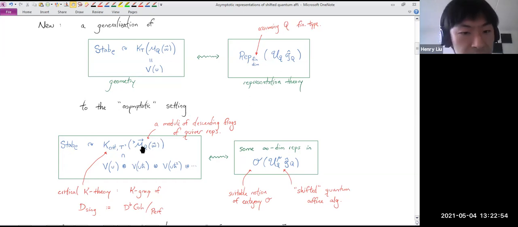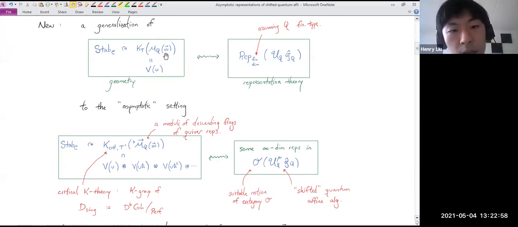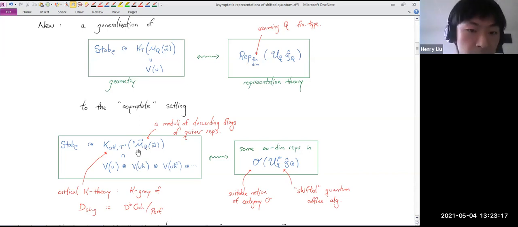And essentially, if we think of a Nakajima quiver variety as some moduli of quiver representations, this new, more complicated space will be a moduli of descending flags of the same kinds of quiver representations. Okay, so it's very intimately related to the original Nakajima quiver variety.